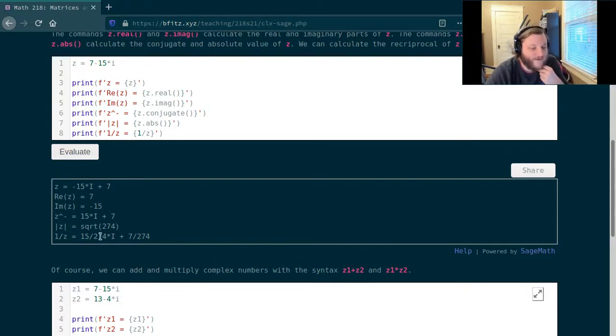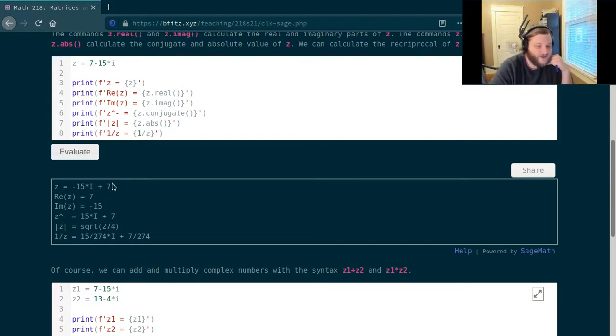The absolute value here is the square root of 274. Remember, that should be 7 squared plus 15 squared under a radical. And finally, the reciprocal of z turns out to be 7 over 274 plus 15 over 274 times i. This makes sense because the reciprocal has real part given by the original real part divided by the square of the absolute value.